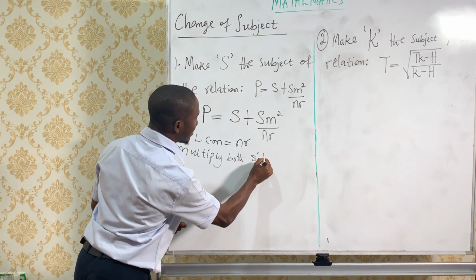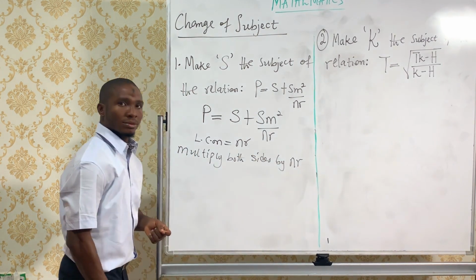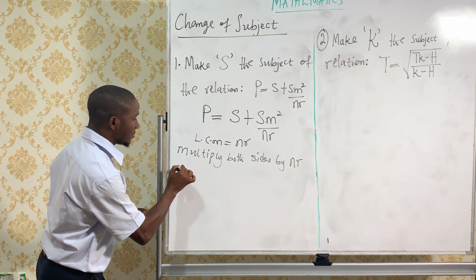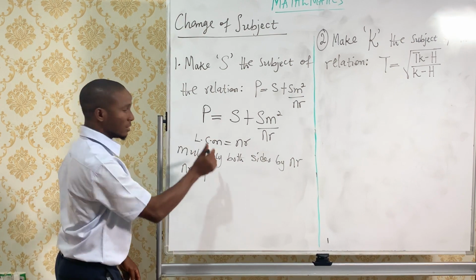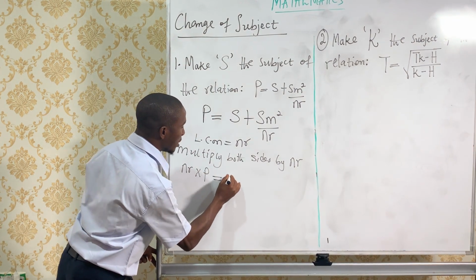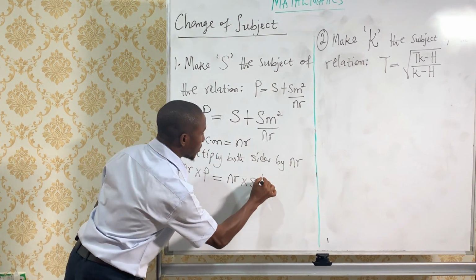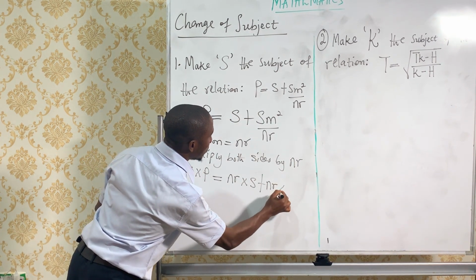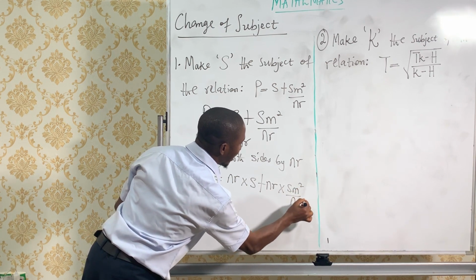So we multiply both sides by NR. We are going to have NR multiplying P, equals NR multiplying S, plus NR multiplying Sm squared over NR.